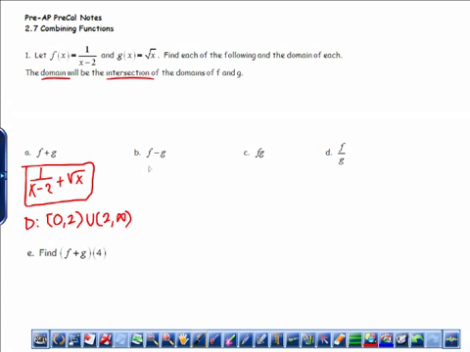Let's look at this next one. It would be almost identical, but I would have 1 over x minus 2, then minus square root of x, and this would have the same domain. F times g, let's think about this. If we're multiplying, you'd multiply top to top, bottom to bottom.